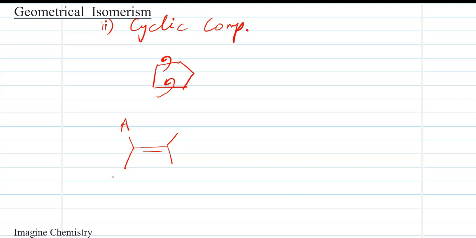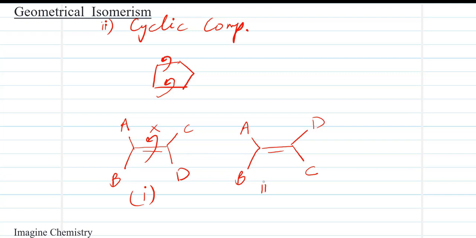Let's say we have substituents A, B, C, and D over here. If there is no rotation about the bond, this A cannot go there, and this D cannot go in the place of C. Let's say there is another isomer of this compound where D is here and C is here. These two structures are completely different, right?